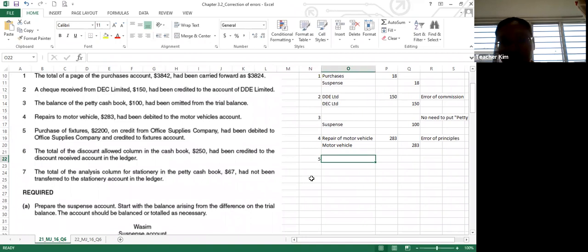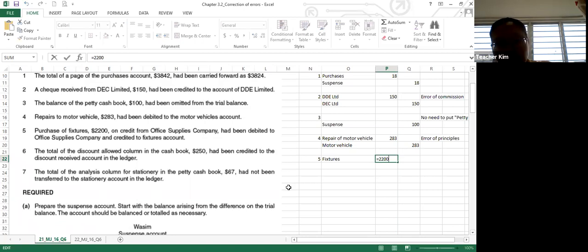Number 5, purchase of furniture, 2,200, on credit from office supply company has been debited to office supply company and credited to the furniture account. So this furniture is an asset. This is a supplier. By right it should be debit, but now we went and credited. So we have to put it back into the debit. But when we put it back to the debit, this amount becomes double.